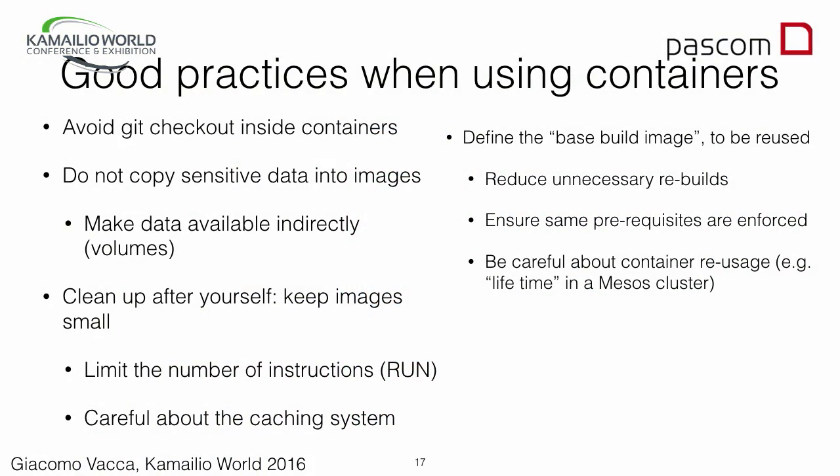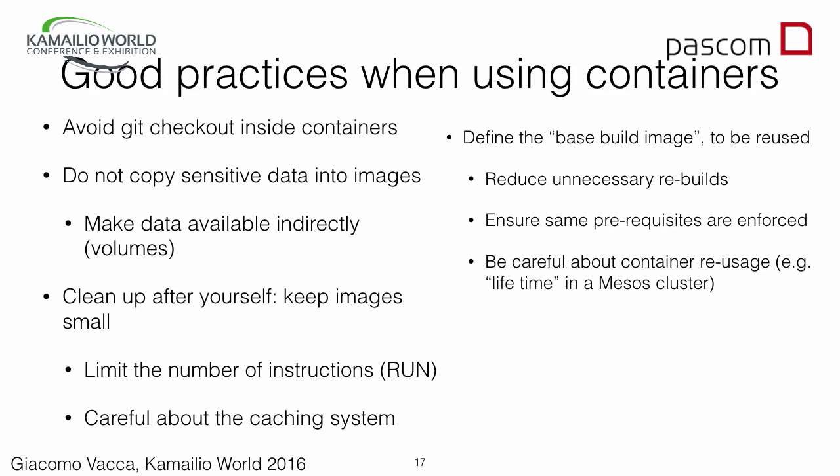Of course, as I mentioned, there is a risk of reusing containers when you don't want to. We had some examples of builds, or I don't remember if it was a build of a test, whose result wasn't quite what we expected. The reason was that Jenkins was asking Mesos for a container to do a build, and Mesos was providing a container already existing and used in other circumstances.